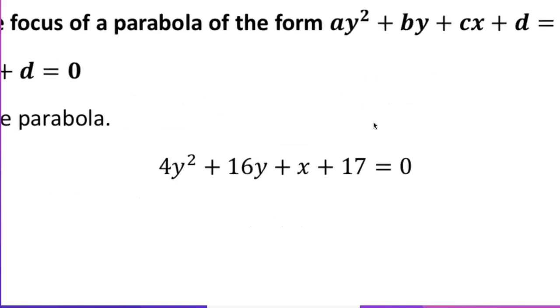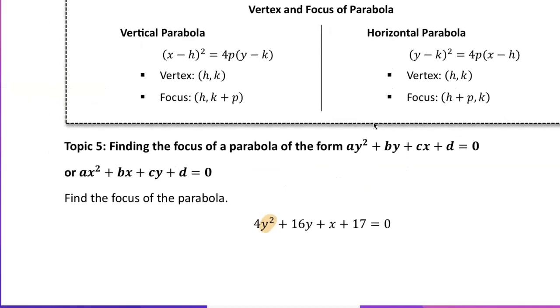First of all, look at this. Notice that y is getting squared, right? So what kind of parabola is this? This is going to be the horizontal parabola because y is getting squared, not x getting squared, right? So my goal is this.